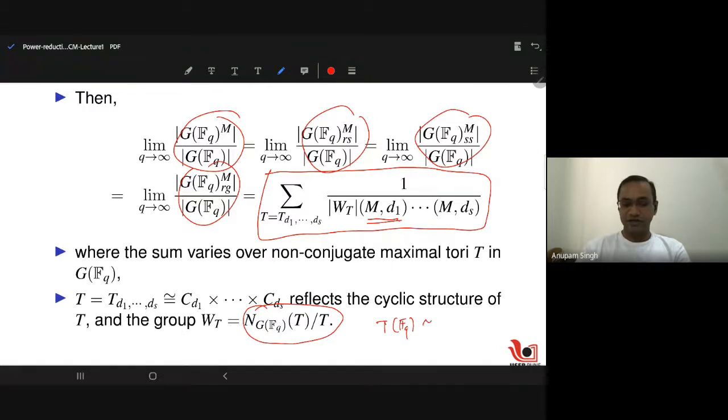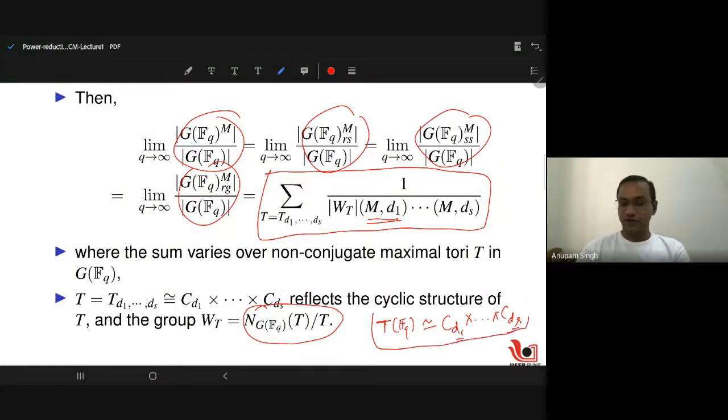What I do is write it as a product of cyclic groups, C_d1 cross C_ds. T is a commutative group, so it's a finite abelian group, and it is a product of cyclic groups. Whatever d1, d2, ds appear here, these are the d1, d2, ds used here.